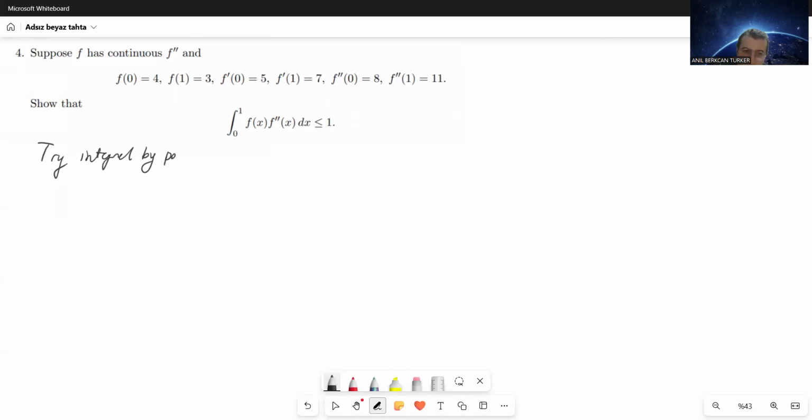Let me call this integral I. Let me choose du and dv here. This is obviously my du, and let me call this v. And also recall integration by parts.